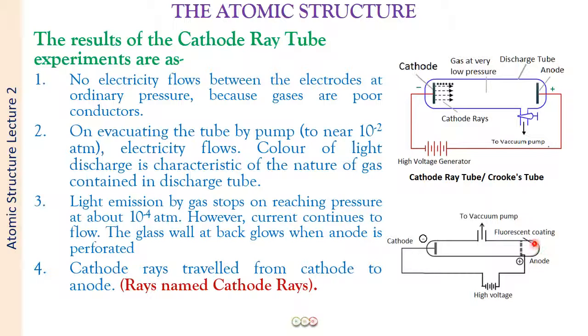These phosphorescent materials have the property that when highly charged particles coming with a high velocity strike the surface, they produce a spark, a glow, and this glow or spark is called scintillation.